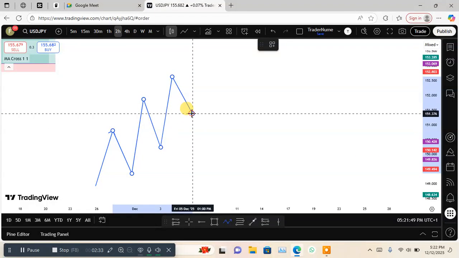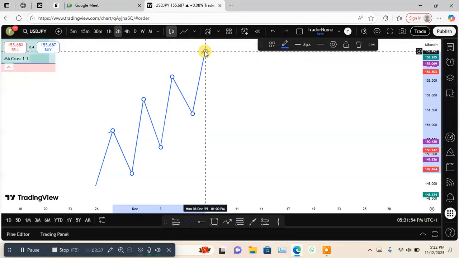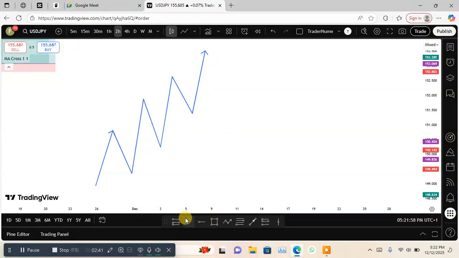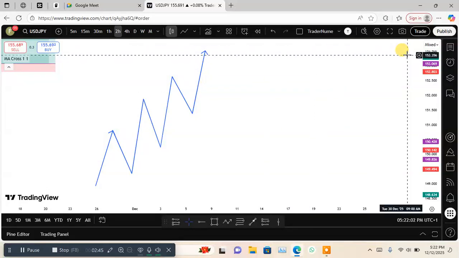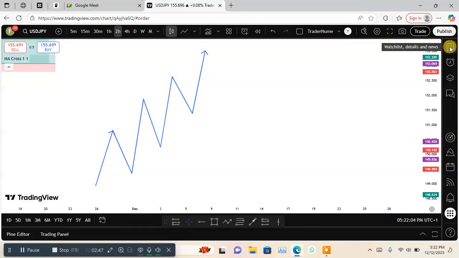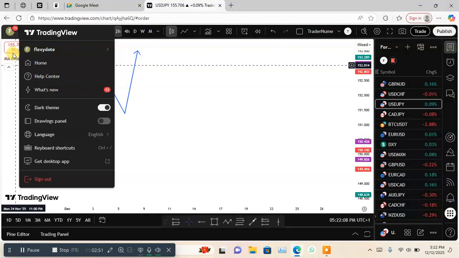So basically this is how price will be moving as price is going up. Now this is known as the bullish trend. Let me represent it using the annotation. Just give me one moment.